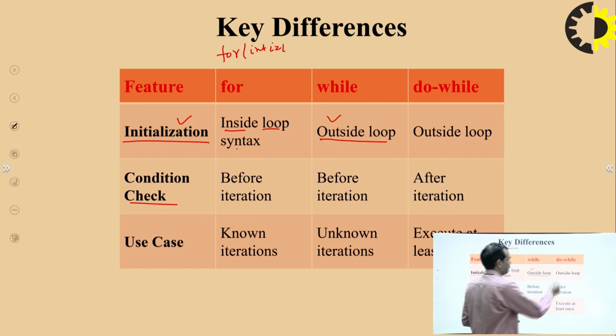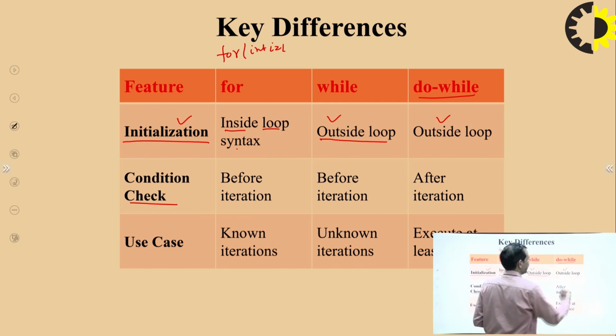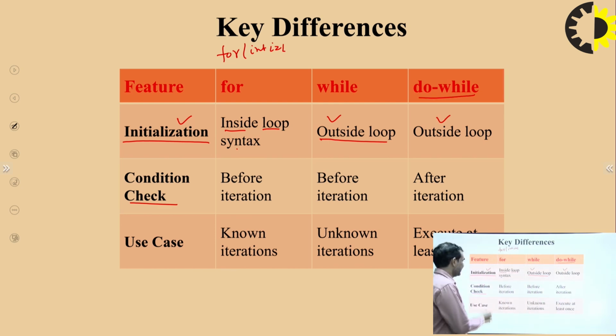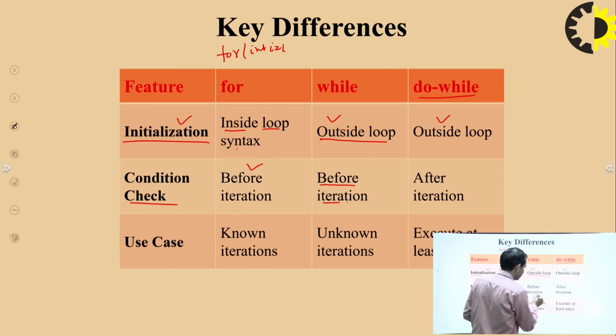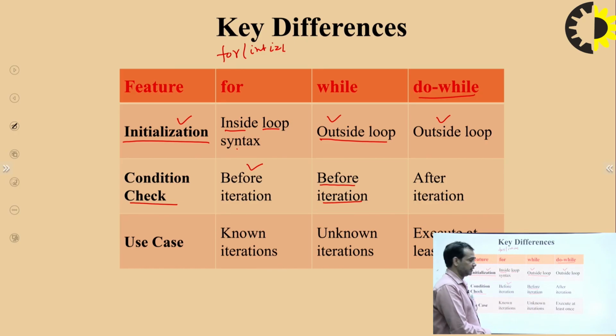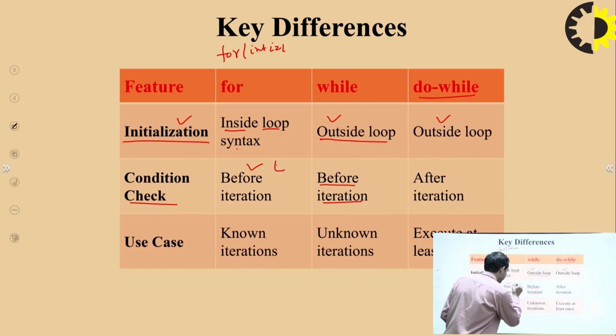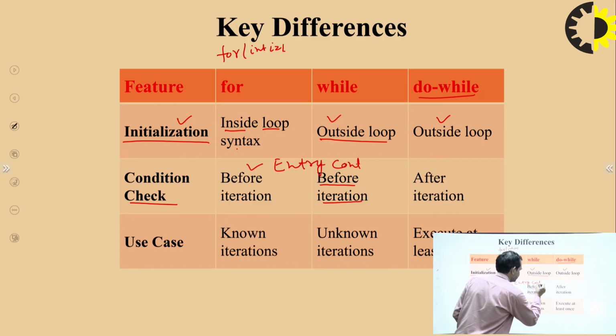Same here, in the do while loop we define the variable outside. Before iteration, before printing something, it will first check the condition, and same in the while loop it will check the condition first before it prints. Or we can say that these two are part of the entry control loop.